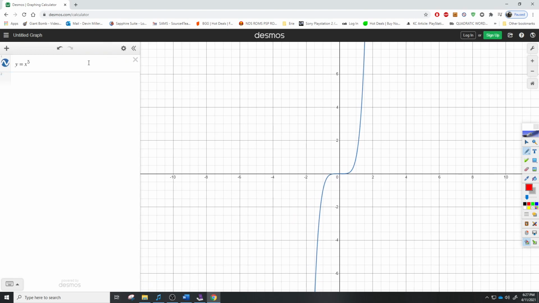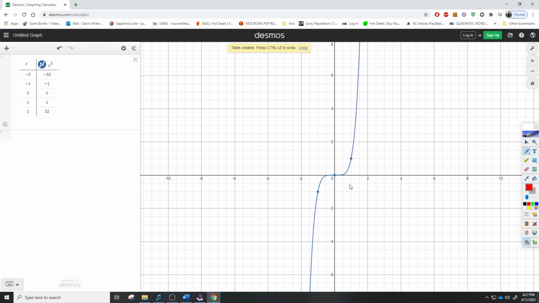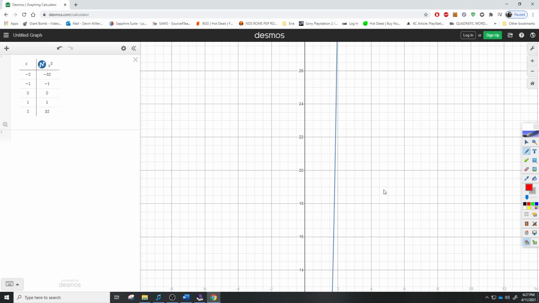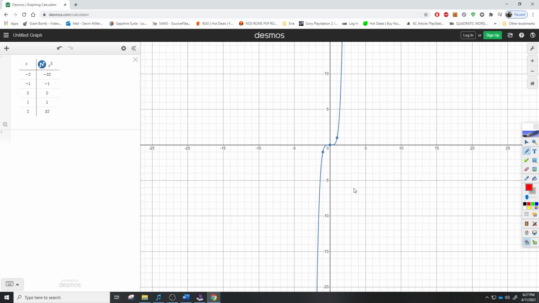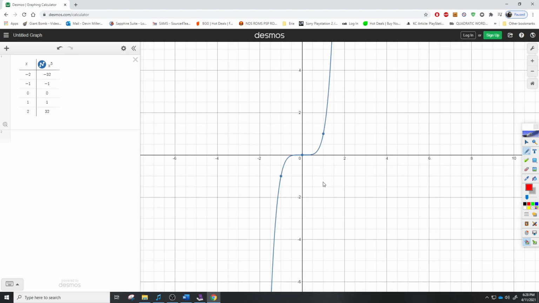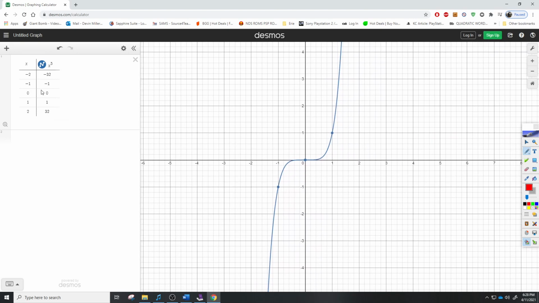And I can bring up a table. There we go. This one goes off pretty quick. When you get to number 2, it's already 32, which is pretty high up there. If you zoom out, you can see how it keeps extending. Okay, so the only points I can really plot are -1, 0, and +1.